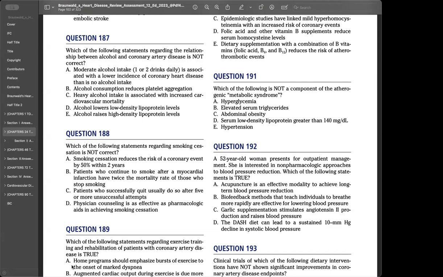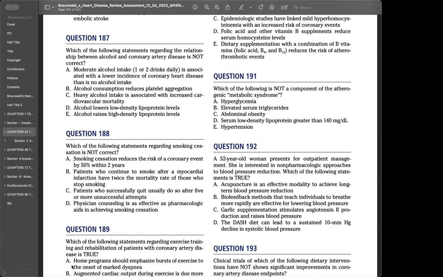In 2009, there was a joint definition published by the International Diabetes Federation, American Heart Association, and others. It says that metabolic syndrome is present when you have 3 or more of the following.